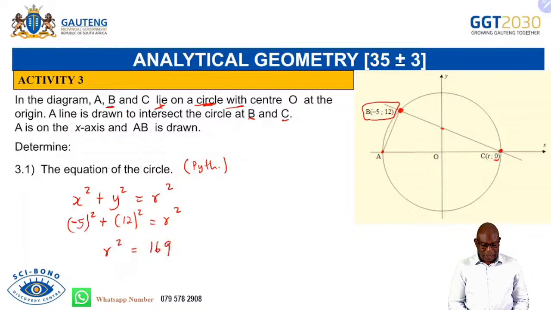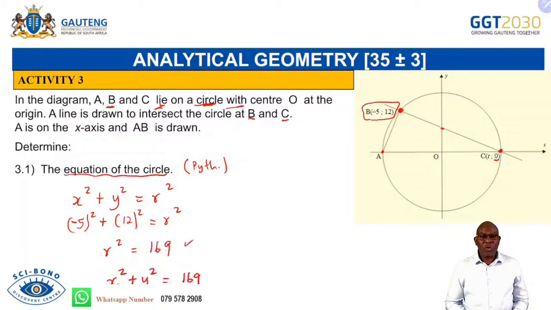Because the question was the equation of the circle. So when we're marking this, even now when we're marking in June, the problem is still there. Please, after you got the r squared, write down the equation x squared plus y squared equals 169.